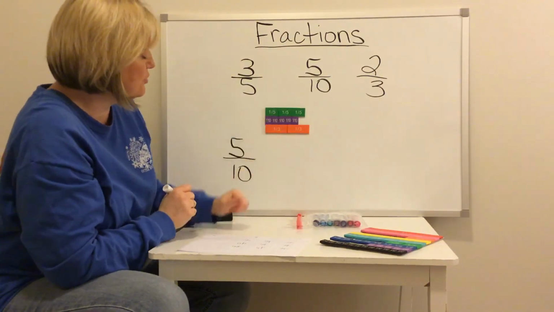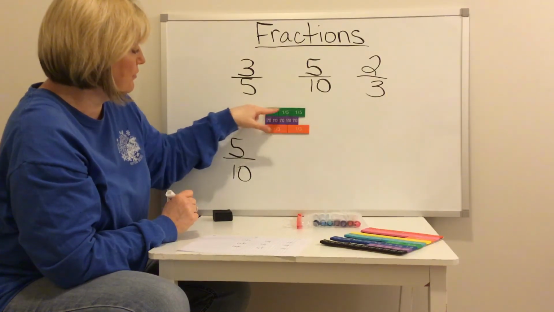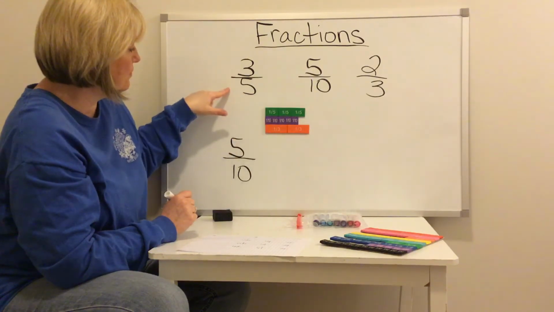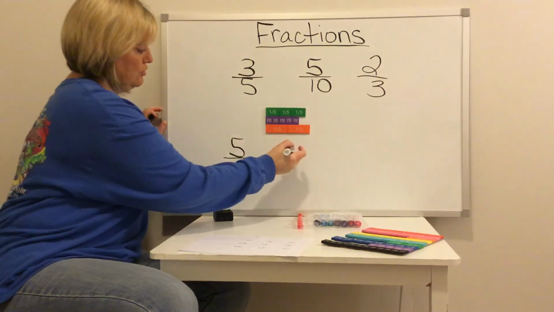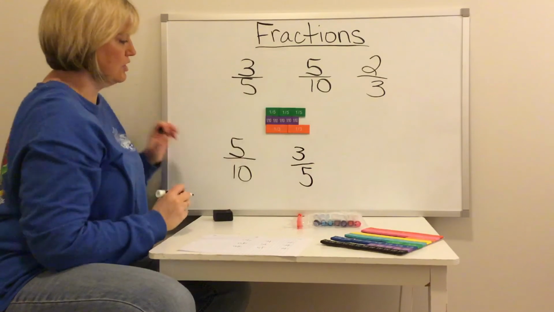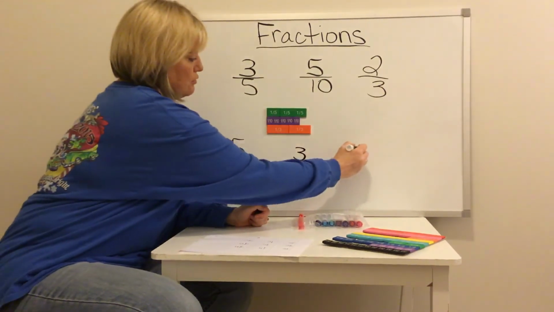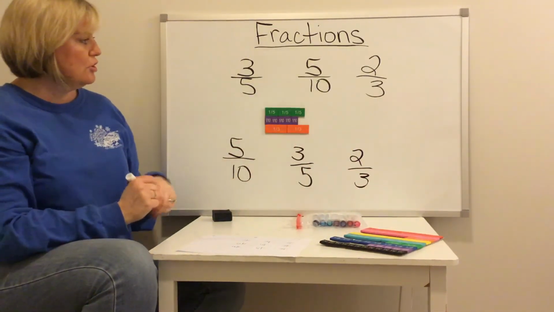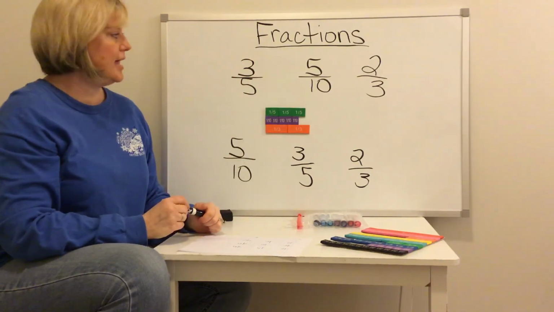Then my next ones are kind of close, but we can see that my green 1/5 pieces, 3 1/5 pieces are smaller than the 1/3. So 3/5 is going to come next, and then my biggest are my 2 1/3 pieces. So 2/3 is the greatest.